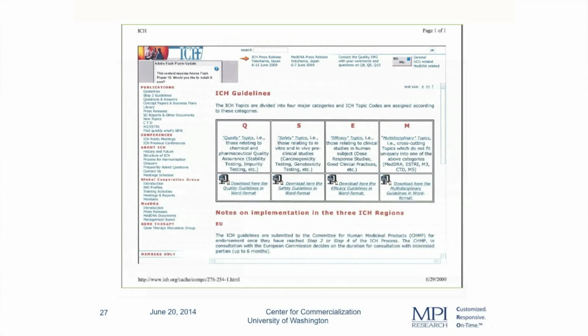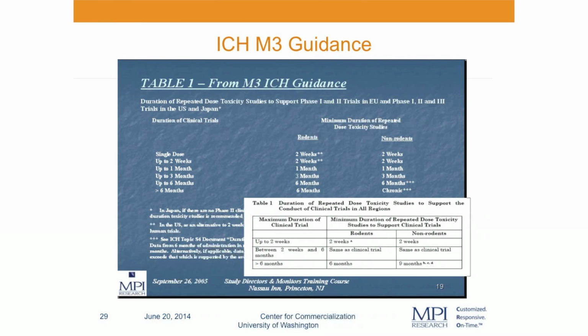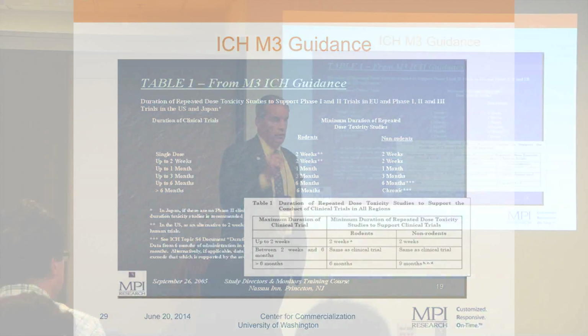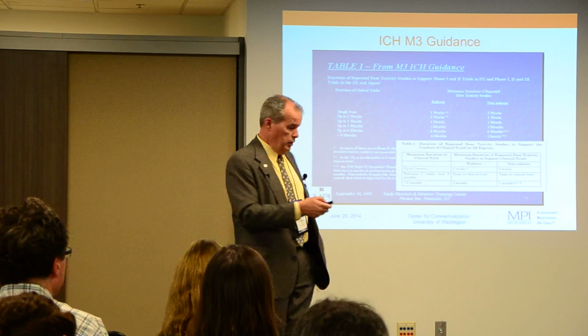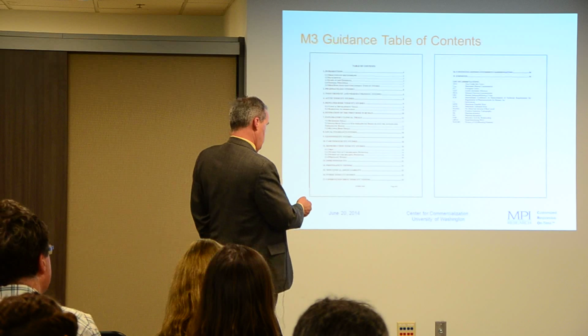Here's another example of it. So the original M3 guidances look like this, and they started, this is back in 1996, with rodents and non-rodents. The category here is maximum duration of clinical trial. If you've given this up to 2 weeks, even if it's only a single dose, it falls into this category.